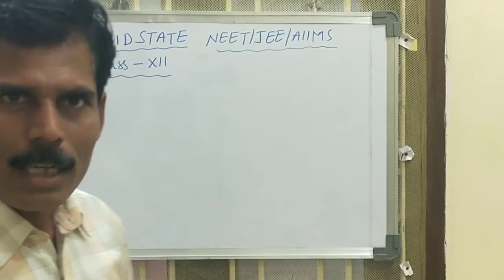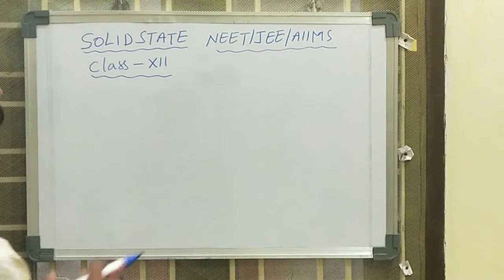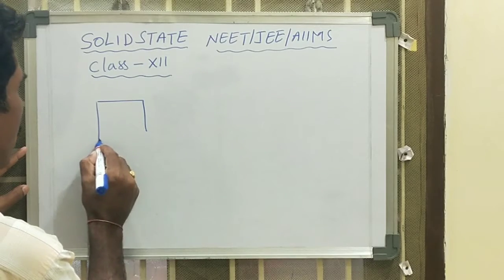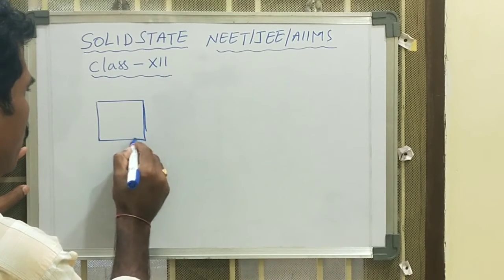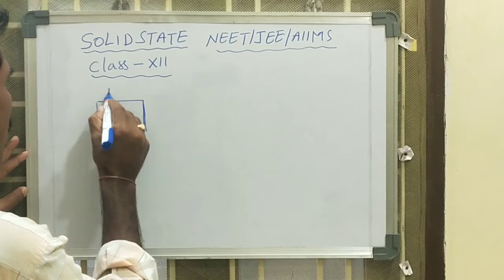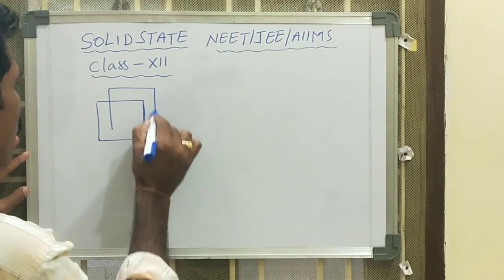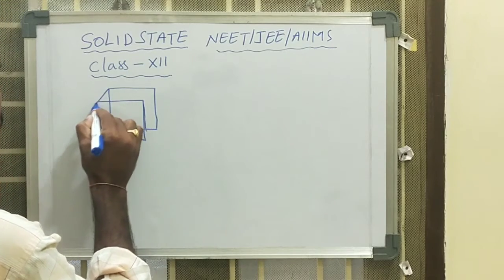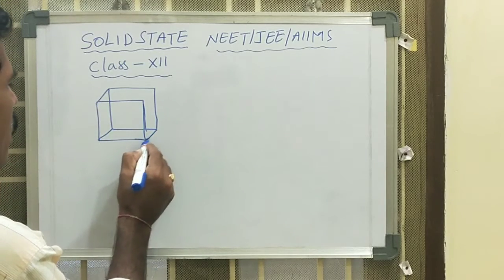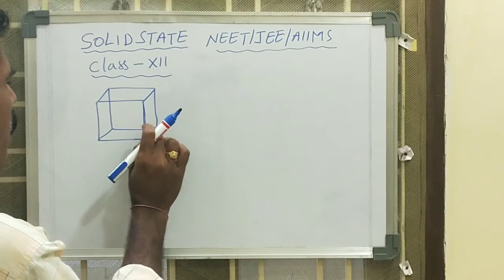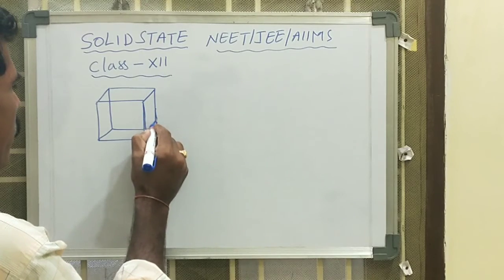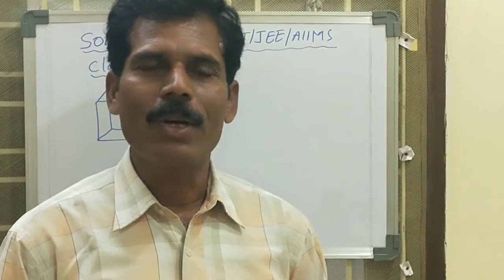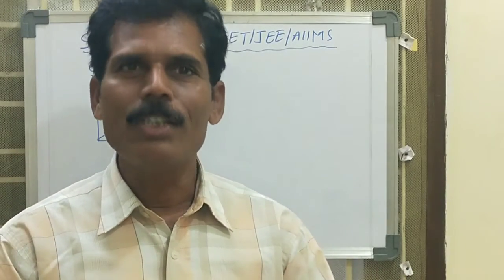Let me write on the board. This is the three-dimensional shape of the unit cell. Unit cell means a small part of the crystalline solid.